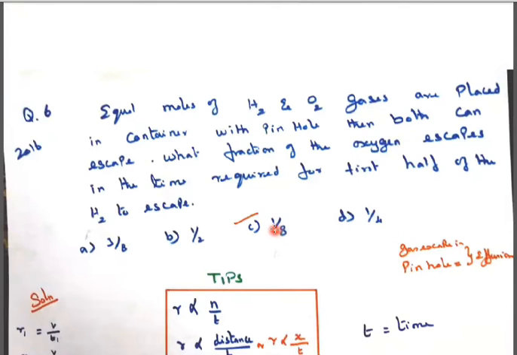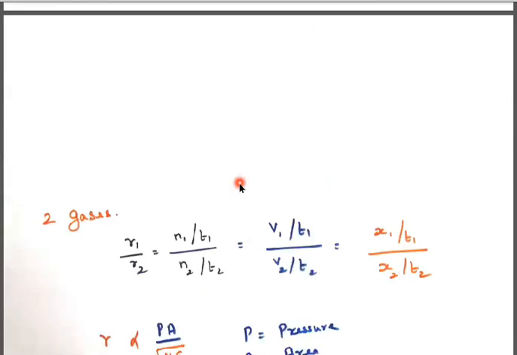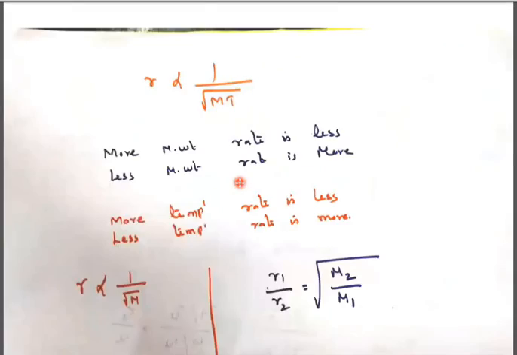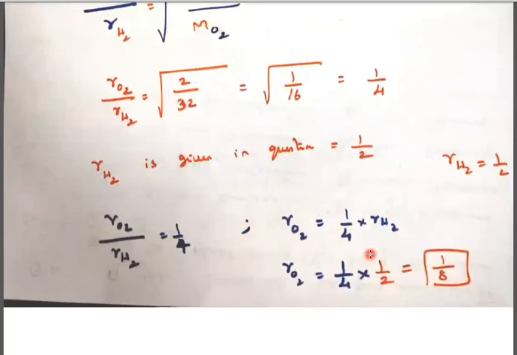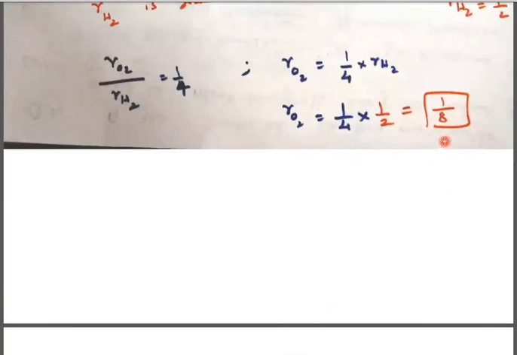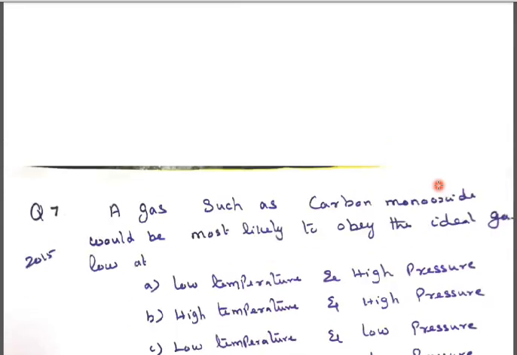It is 1 by 8. Because they have asked for the fraction of oxygen that escapes in the time required for the first half of the H2. H2 they have given as a half, so for diffusion of the hydrogen we should consider a half. So our answer is 1 by 8.